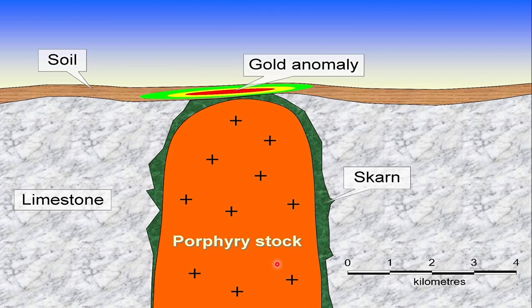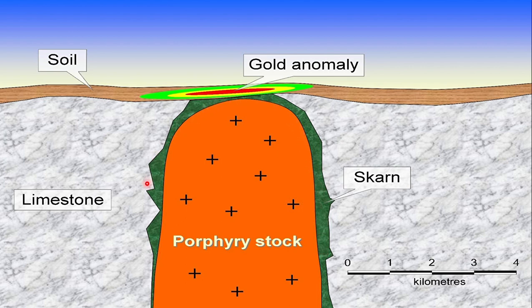Okay, so see this Google image. This is the porphyry stock, or we can say this is the igneous intrusion in the limestone. The host rock is the limestone. Due to this igneous intrusion, due to high temperature, see in this zone, this is the skarn. So skarn is formed at this point.